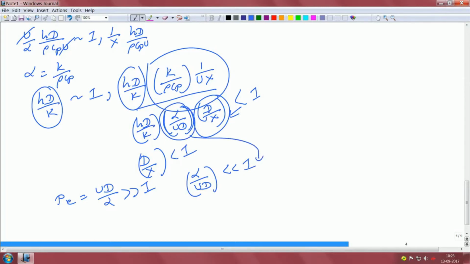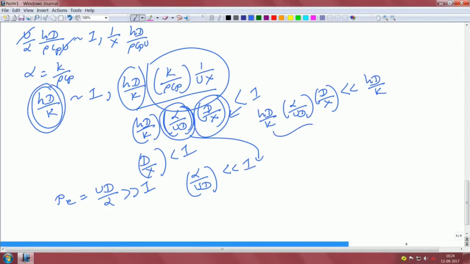In that particular case, this entire term h d by k into alpha by u d into d by x will be much less than h d by k, which is the term on the left hand side. Or in other words, we can say that axial conduction is low or negligible.